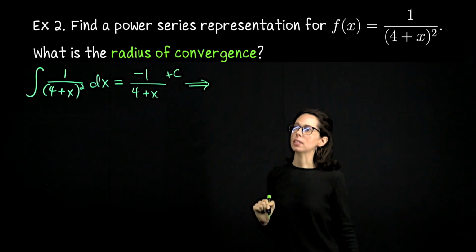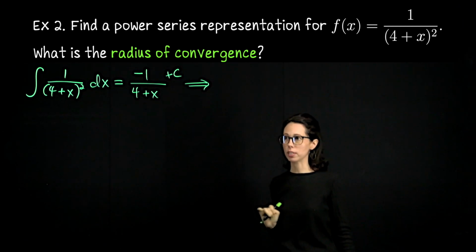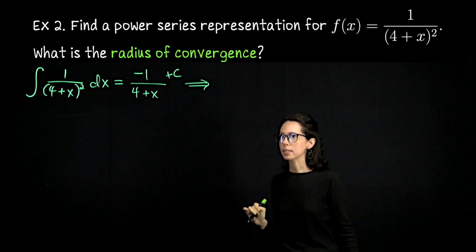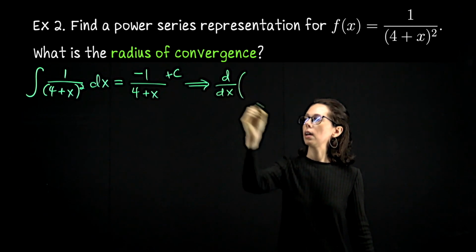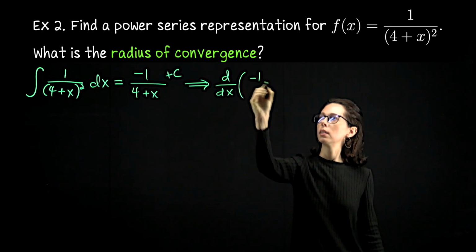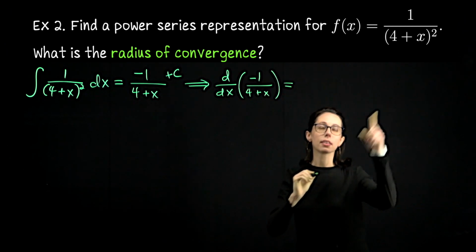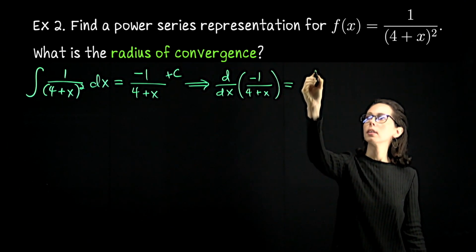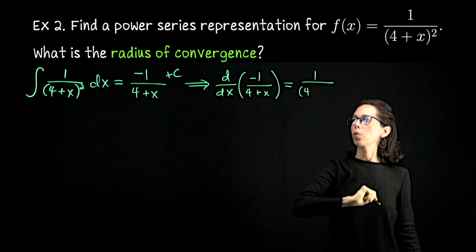Let me rewrite this so that we see how to proceed with the power series differentiation that we just did in our first example. Okay, so what I would like to say is that the derivative of the function negative 1 over 4 plus x is the function that we would like to find a power series representation for. So this is the derivative of negative 1 over 4 plus x.